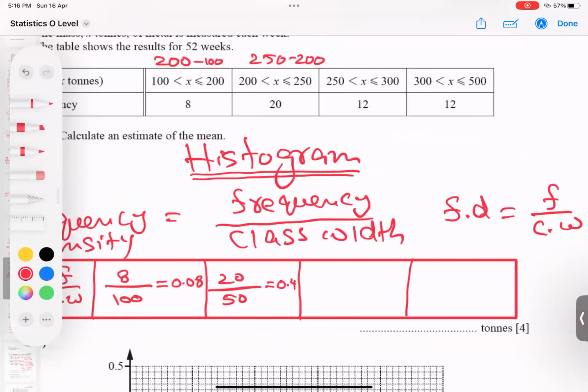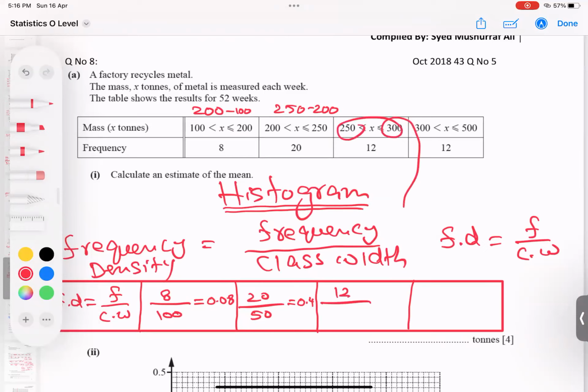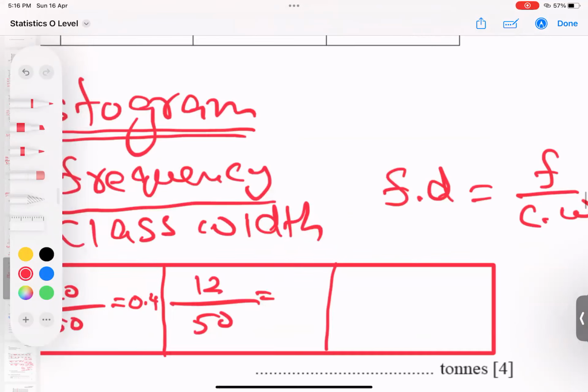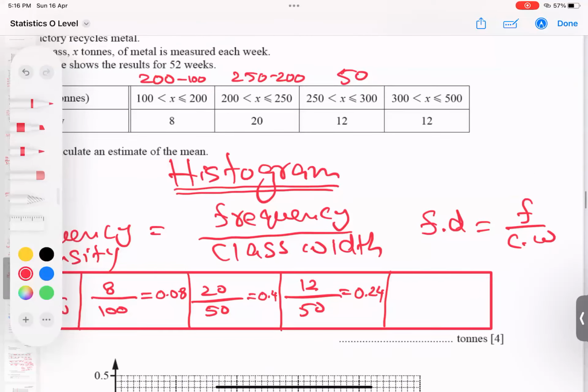I believe you're understanding what is going on. So the third column, what is the formula? Frequency is 12 and class width is 300 minus 250. The difference is 50 only, so 50 comes down. 12 divided by 50, and my answer is 0.24. Okay, last column, what is the formula, students?